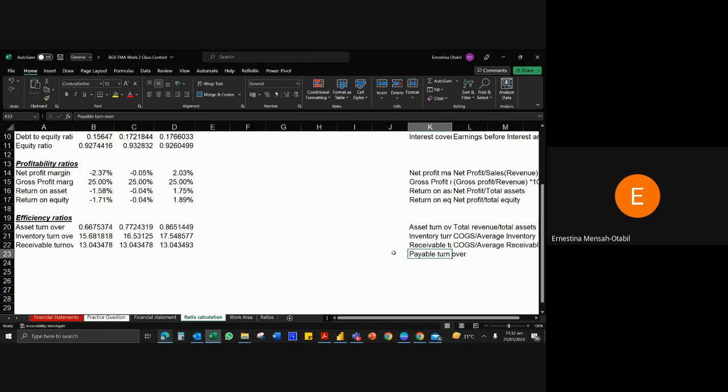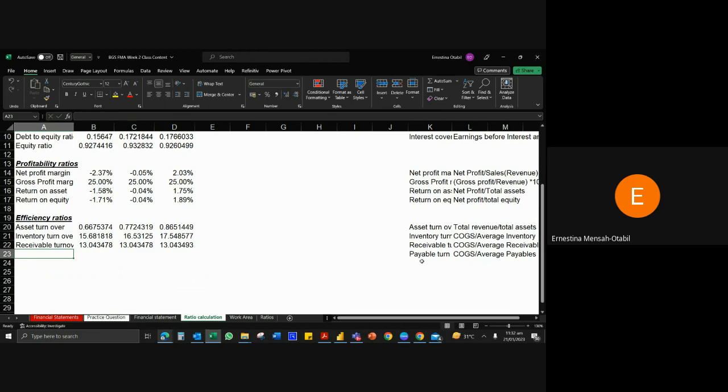So receivable is debtors, payable is suppliers or the creditors. So we have the cost of goods sold over the average payables.